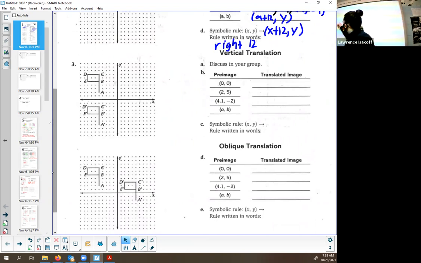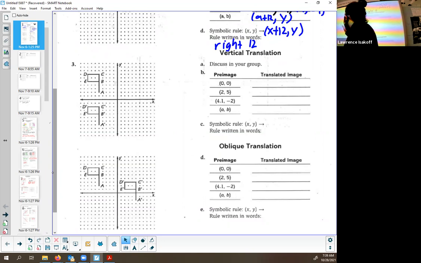So clearly this image, the one with the primes, is always our after image. The one without the primes, the regular letters, is our pre-image. Here I'm just going to shift from here to here. Last time I counted from D to D prime.